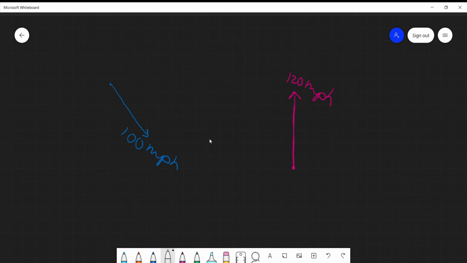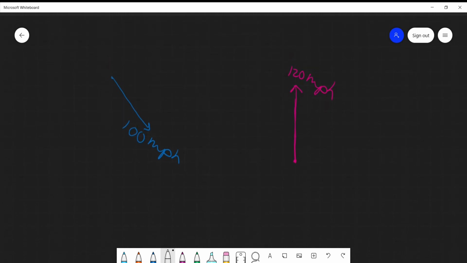Like if you're going down the road, you start at a point and you're going some speed, then you are making a vector by driving. This all relates to that.